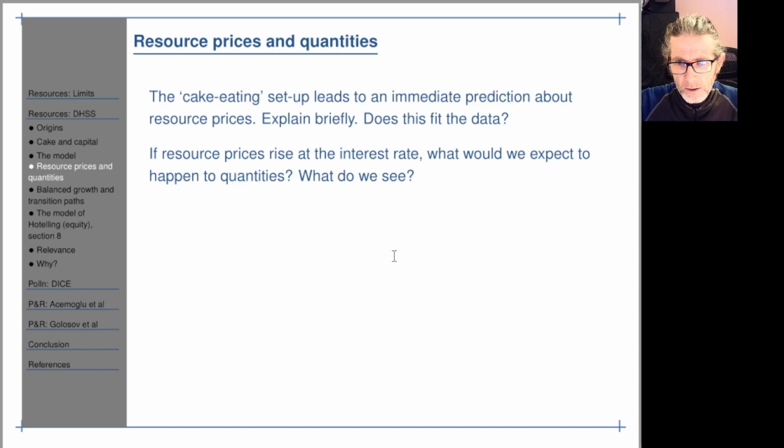And if there's a discount rate and an interest rate in the economy as a whole, that means that if you're going to hold an asset, you want its value to appreciate at that rate. If it's appreciating more slowly than that, you want to get rid of it and buy some other asset which is appreciating at that rate.